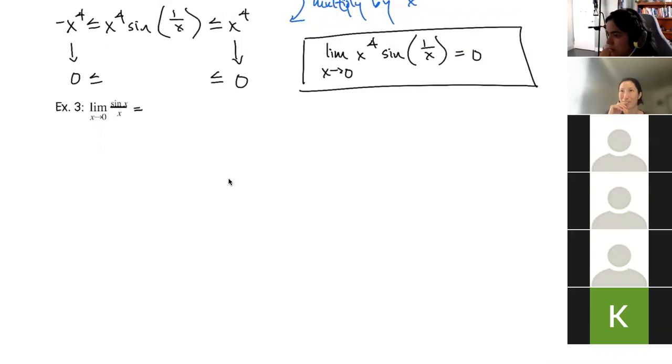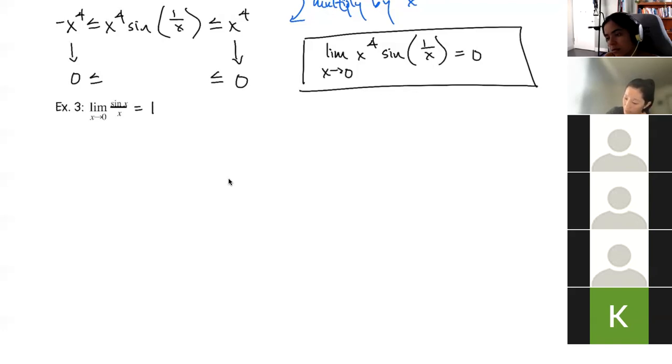I hope you know the answer to this question. With sine x over x, we can think about that graph that we know, where it is like a sine wave, but has a bigger bump in the middle. And as x approaches 0, the function approaches 1. Now, it doesn't actually get there, but it does approach 1.